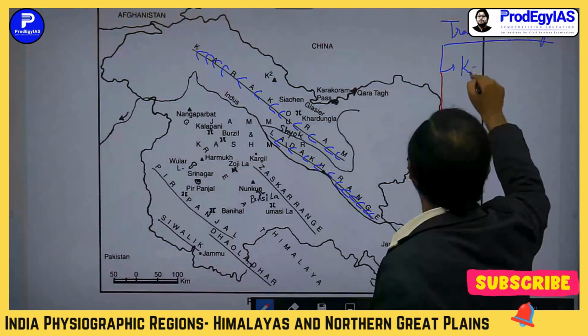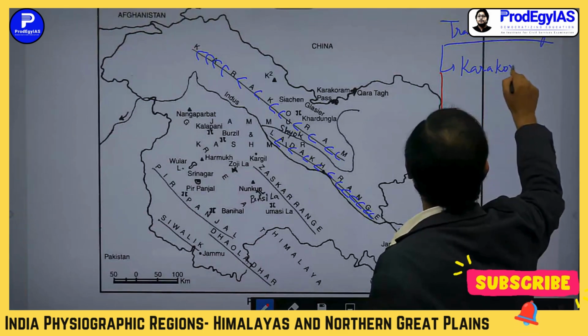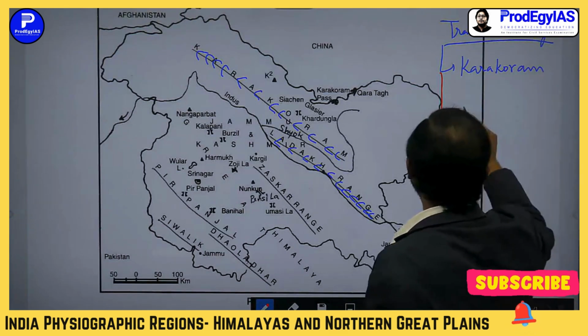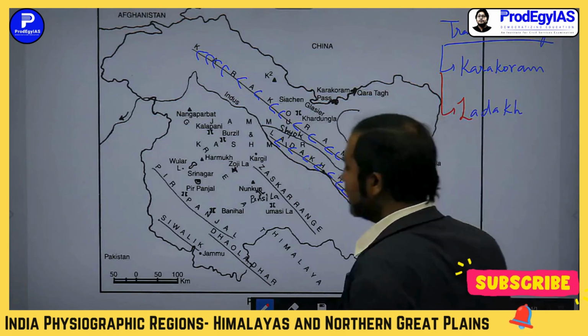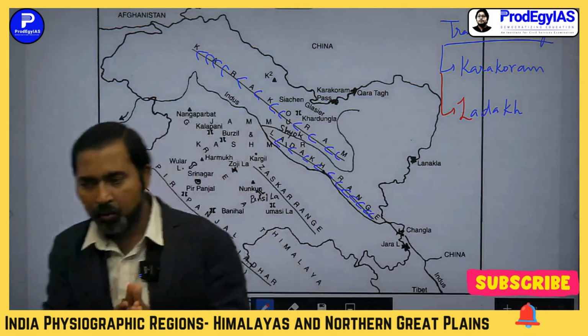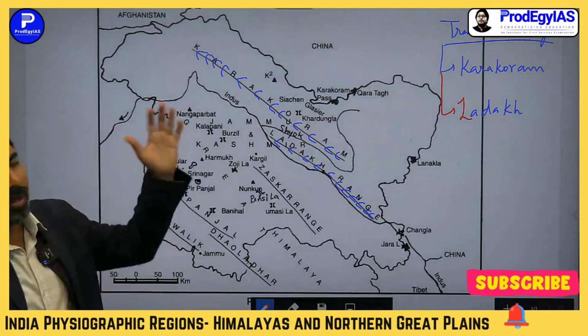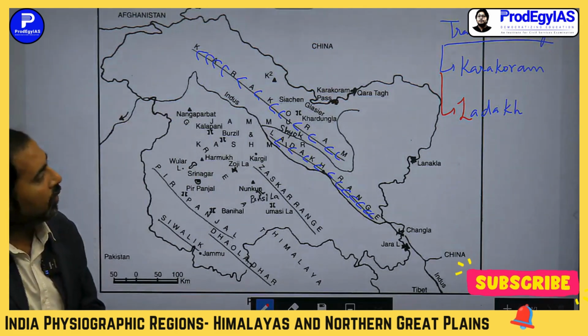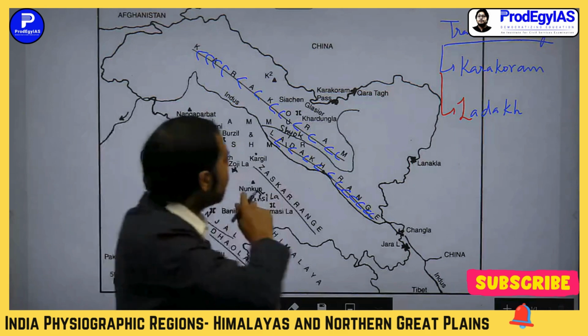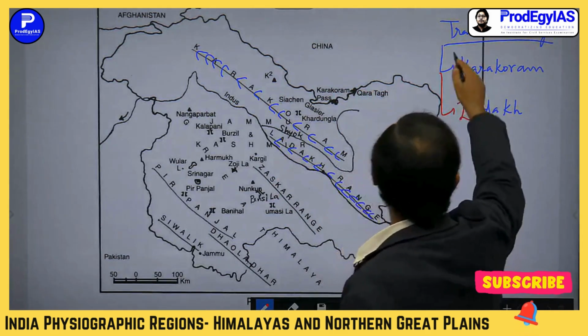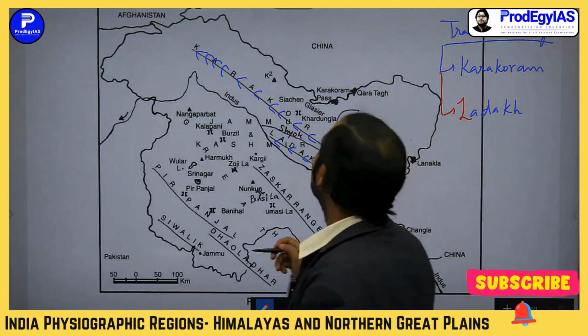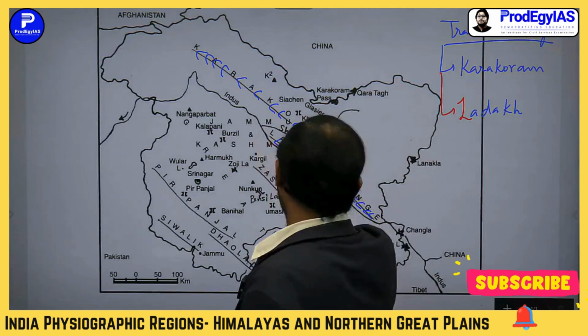One is Karakoram and the second one is Ladakh. Means Ladakh and Karakoram, they lie in the Trans Himalayas part. They are the northernmost part of Himalayas and they are part of this Trans Himalayan region. Karakoram and south of it is Ladakh.